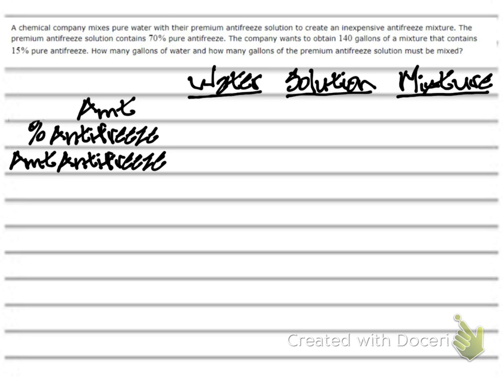Water, solution, mixture. Well, we don't know how much water, right? So I'm going to call that amount W. But I want you to think about water. Water is 0% antifreeze, right? I don't know much about chemistry, honestly, but I do know that you should not drink antifreeze, right? So the amount of antifreeze with the water is just going to be 0.